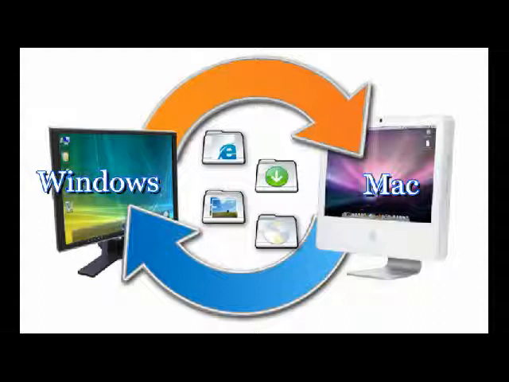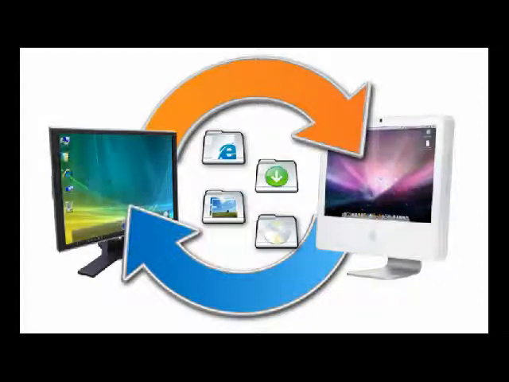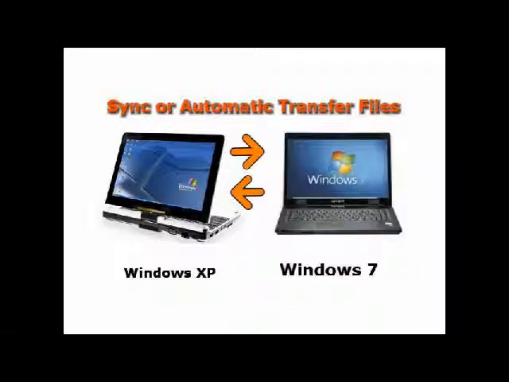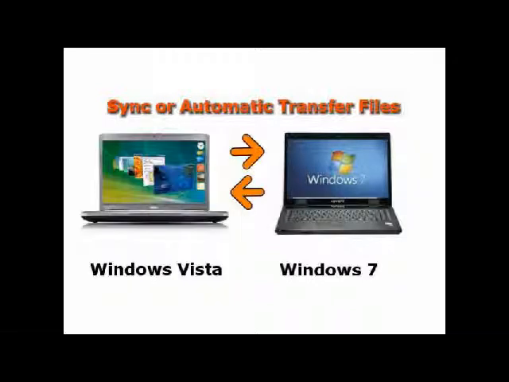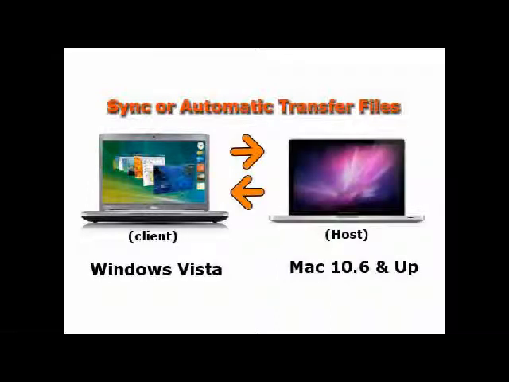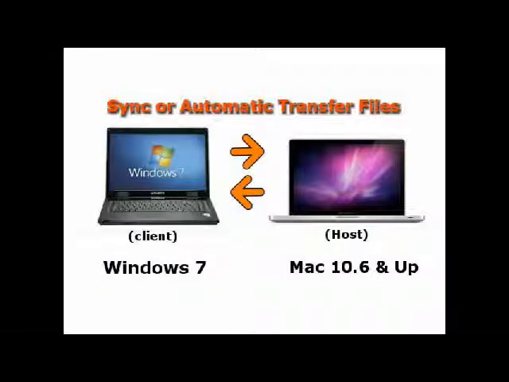For instance, we're going to synchronize files and folders from Windows XP to a computer running Windows Vista, as well as a computer running Windows XP to another computer running Windows 7, and a combination of the three, or from a Windows machine to a Mac computer within a network, or via USB cable.